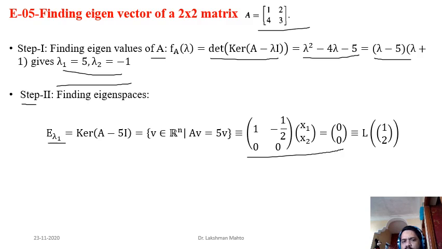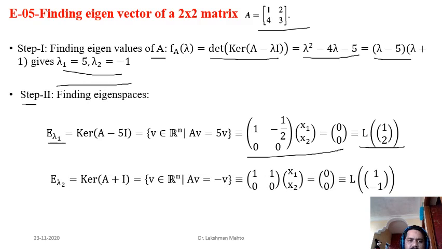You will see that E lambda 1 is just a line with direction (1, 2), or simply with basis (1, 2). So (1, 2) is the basis vector of this eigenspace. Similarly, you can get the second eigenspace with respect to the second eigenvalue -1, and it is a line with the basis (1, -1).